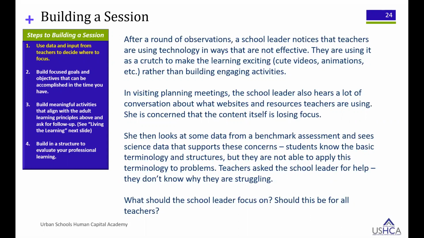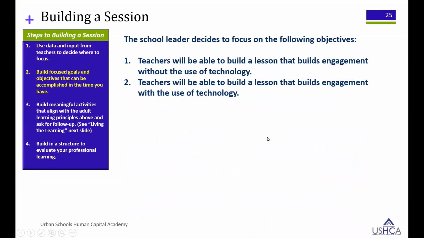You can see already how this leader is using adult learning principles. They're using data and input from teachers to decide where to focus. There's data from benchmarks, there's data from conversations, and that data is what's leading the school leader to make some decisions that we need to focus somewhere. The school leader then decides to focus on the following objectives.